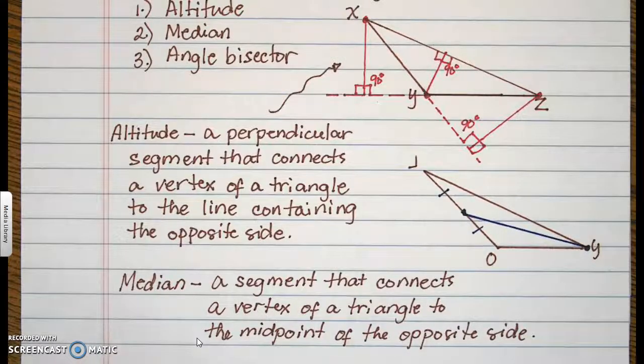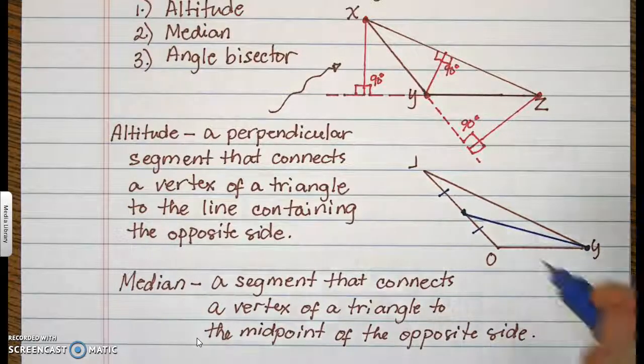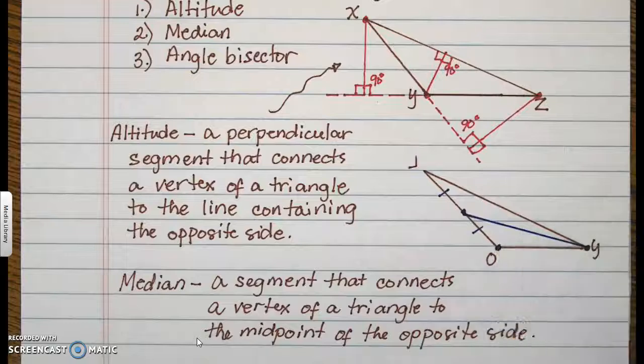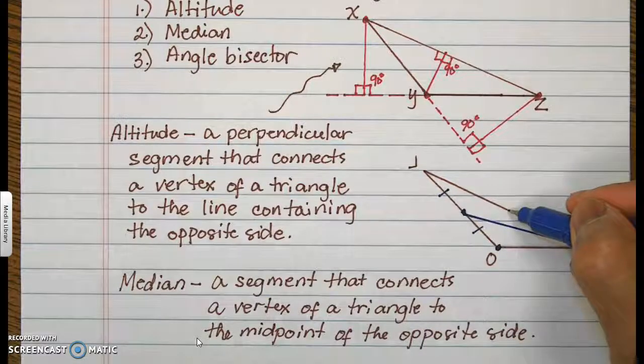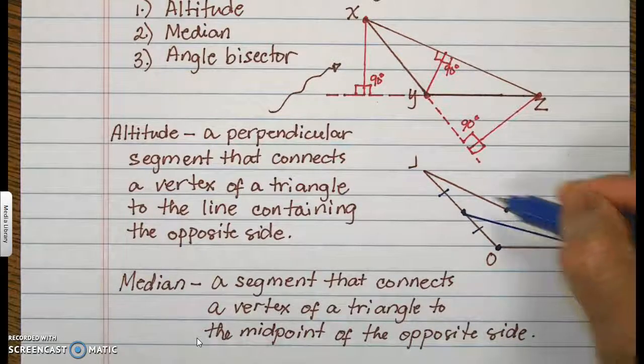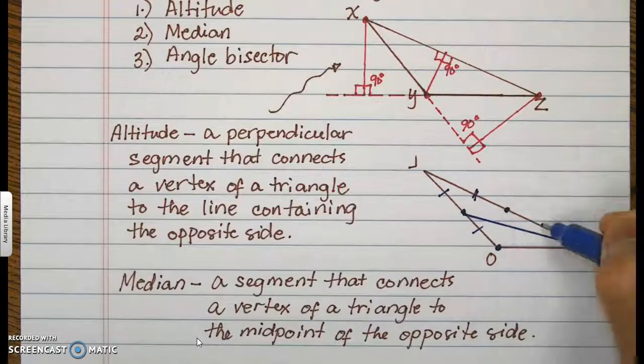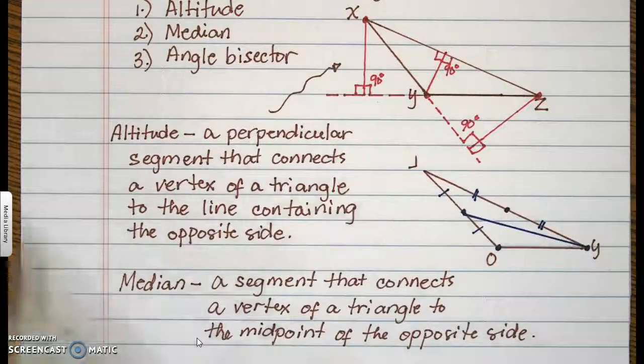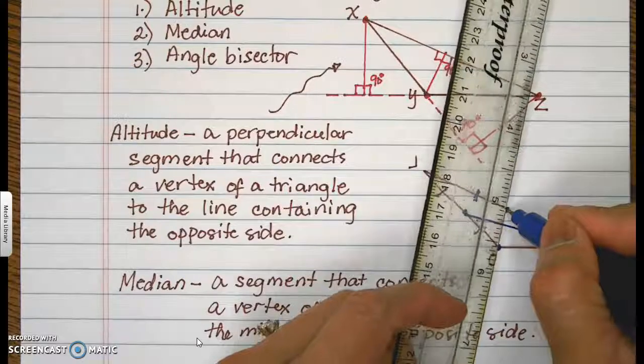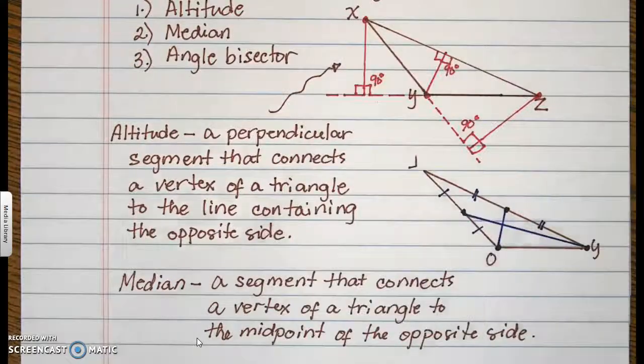There are three medians because there are three opposite sides and there are three vertices. So for the O, I will connect it to approximately here, where this is congruent to this, and that is the other median.